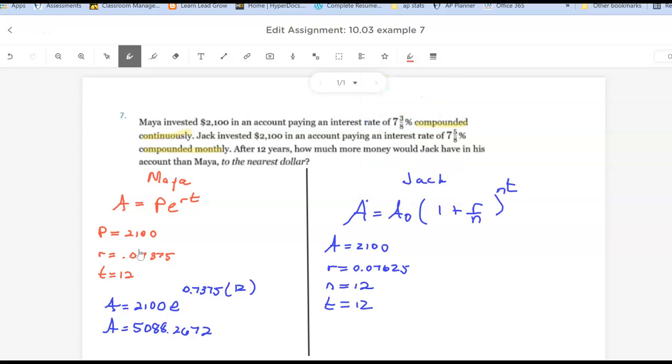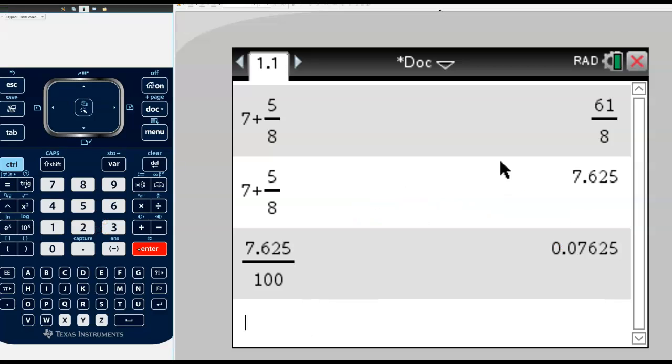So now we're going to substitute into the formula. That's the 2100 times 1 plus 0.07625 divided by 12, raised to the 12 times 12. Right, because it's 12 for the compounding and 12 for the years. Now we're going to enter it in the calculator carefully.